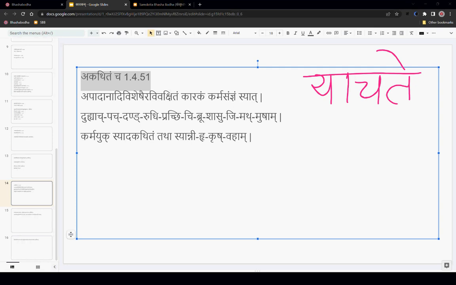However, when that apadana relationship is not intended, the dhanika gets karma and dvitiya. Nirdhanah dhanikam dhanam yachate, or bhikshukah dhanikam dhanam yachate.